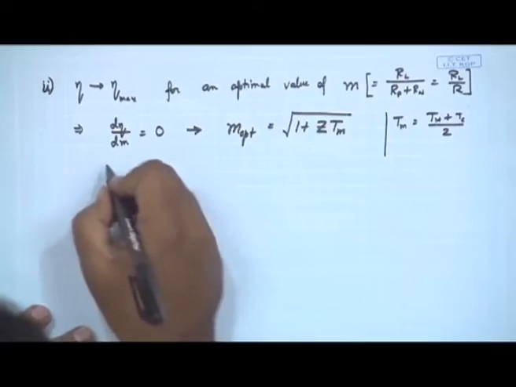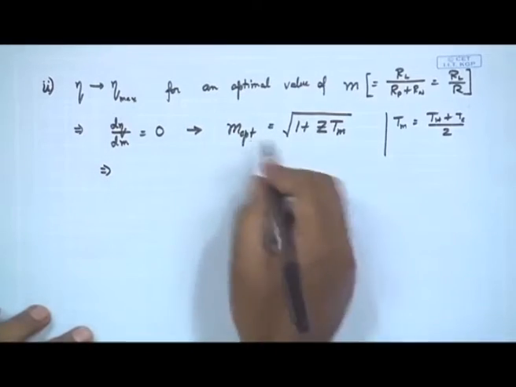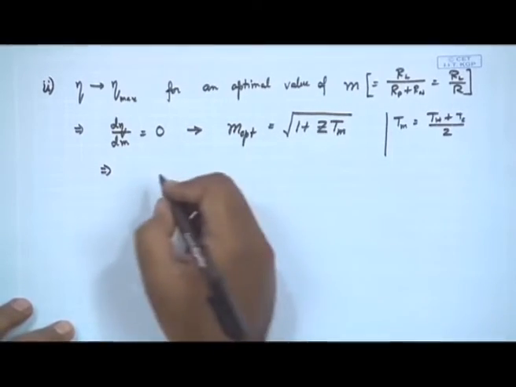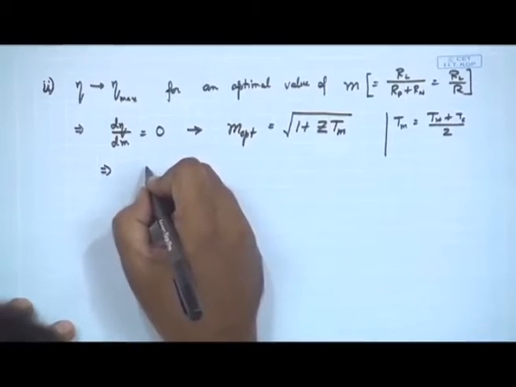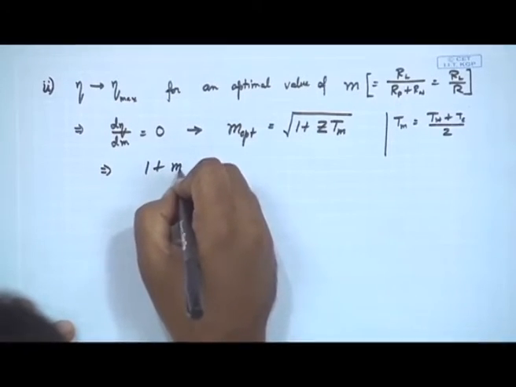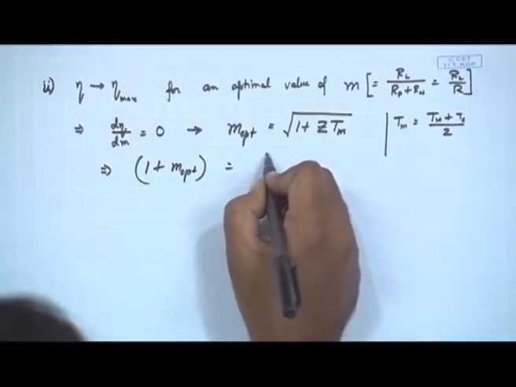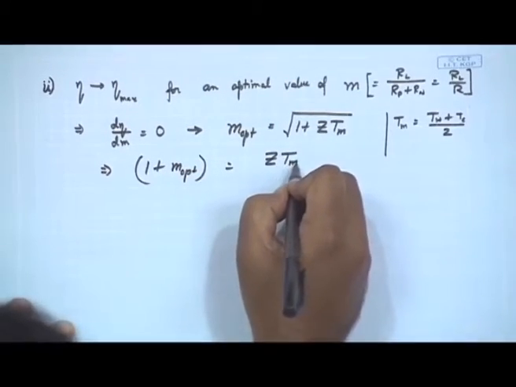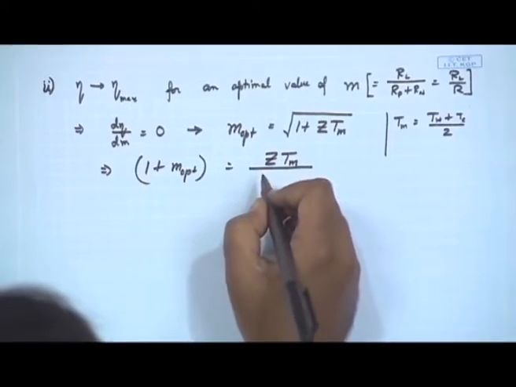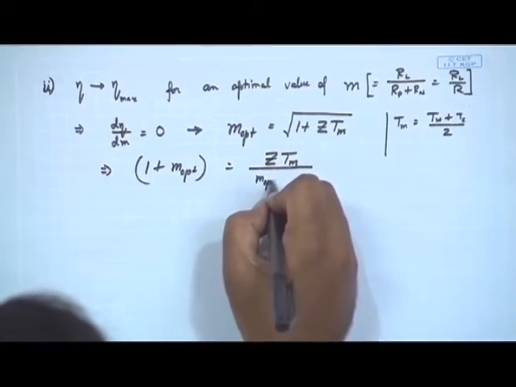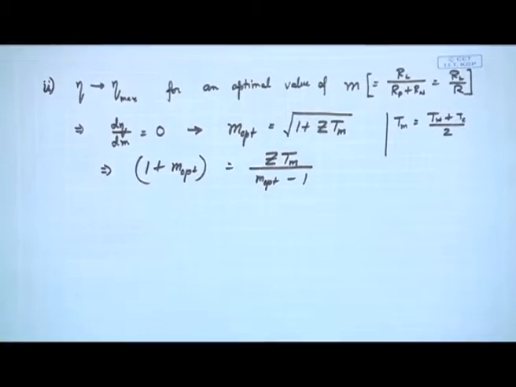So, what does that mean? This means that you square the two terms and so on, and I would say that 1 plus m opt will be equal to z Tm divided by m opt minus 1. Okay.